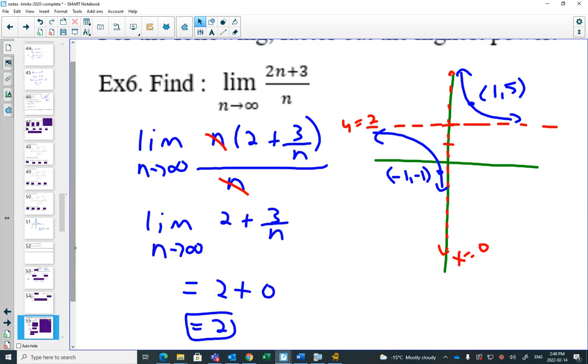Mathematically, though, if you want to show your work, this is an example of an infinity over infinity limit. Technically, if you plug in a very large number in the top, you get infinity. If you plug in a very large number on the bottom, you get infinity.